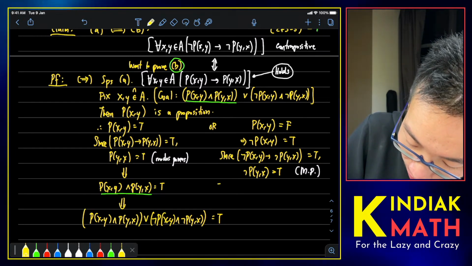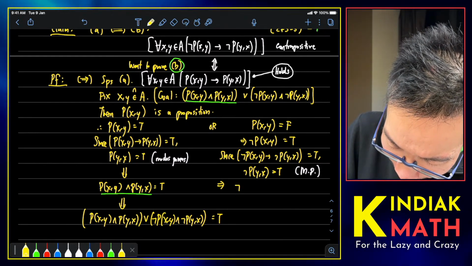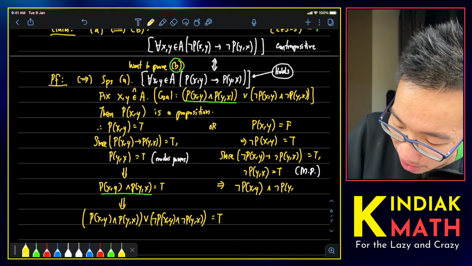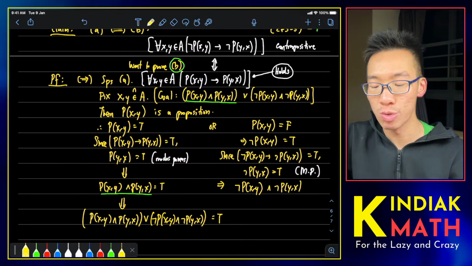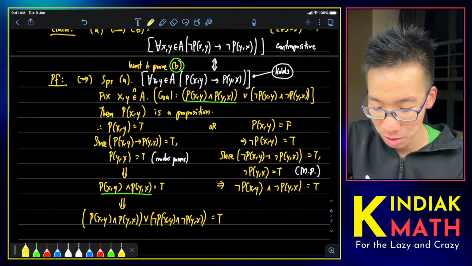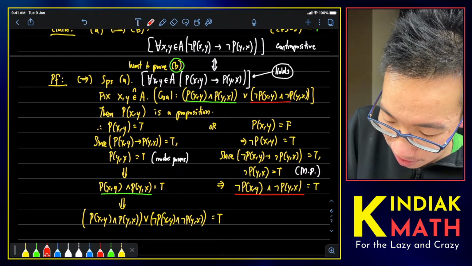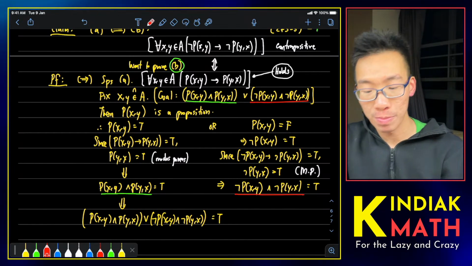And this will allow us to conclude that the negation of P(x, y) and the negation of P(y, x) is the conjunction of two true statements. So this is going to be true. And this expression is going to be true.